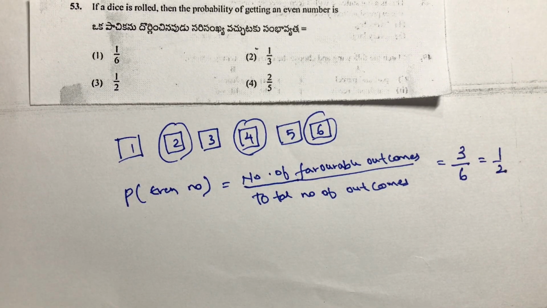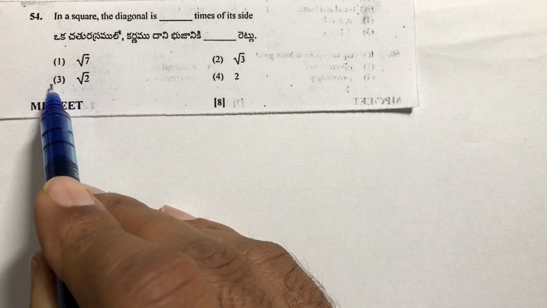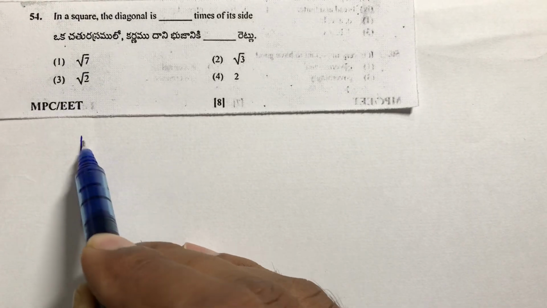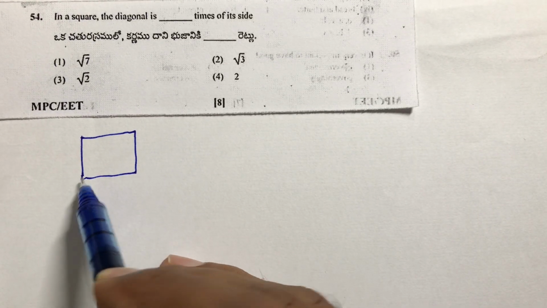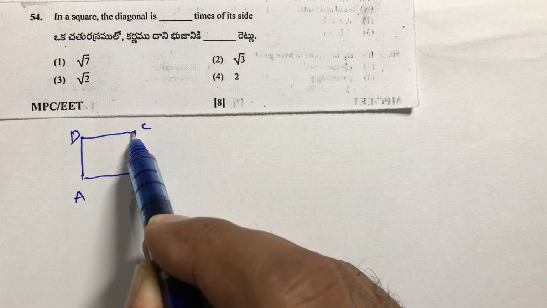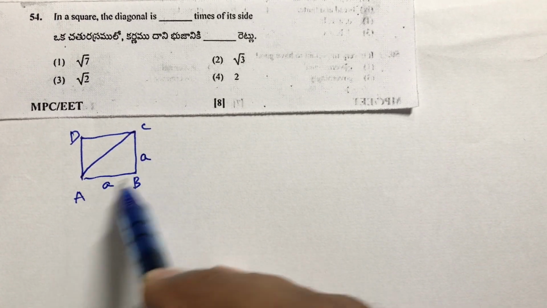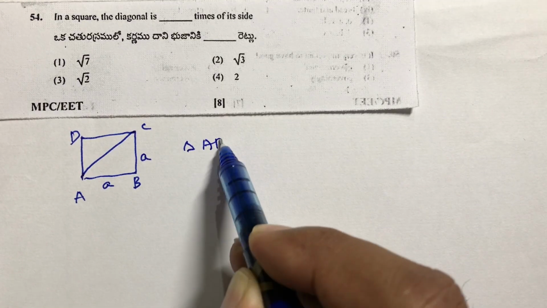So the correct option is, in a square, the diagonal is root 2 times its side. It's a standard statement. So correct answer is 3. Or otherwise you can apply Pythagoras theorem. Take a square ABCD and consider the side as a. Apply Pythagoras theorem for triangle ABC.